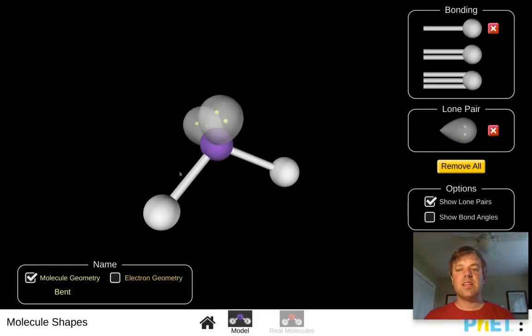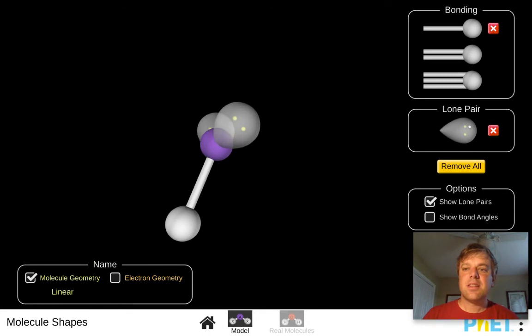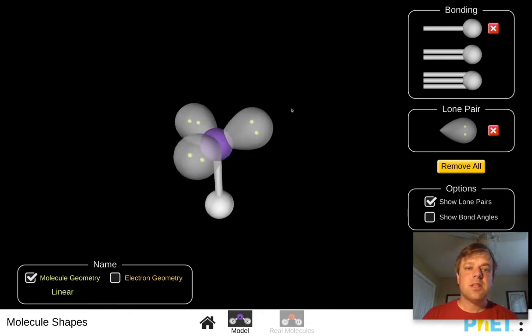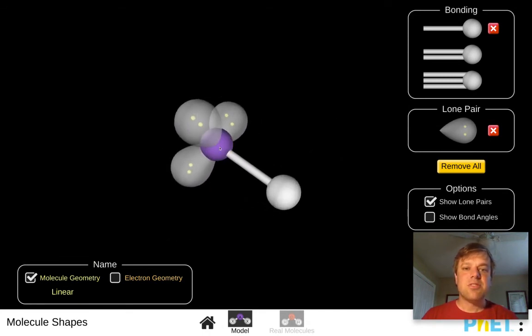As we'll see in our next lesson tomorrow, that has serious implications for properties of water, for life on Earth, all that good stuff. If we were to swap out a third atom for a lone pair of electrons, well, now it's just linear because the only shape you can make with two points is a line.